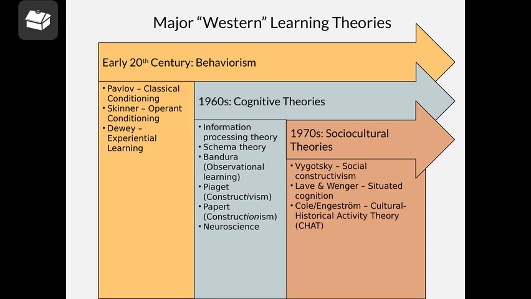Etienne Wenger and Jean Lave were among the early proponents of a theory known as situated cognition. We won't talk about situated cognition a lot in this class, but just be aware it's kind of a more radical and a more strident version of social constructivism associated with Vygotsky. Notice that it says situated cognition. You will hear the term situated learning, and this will be confusing.